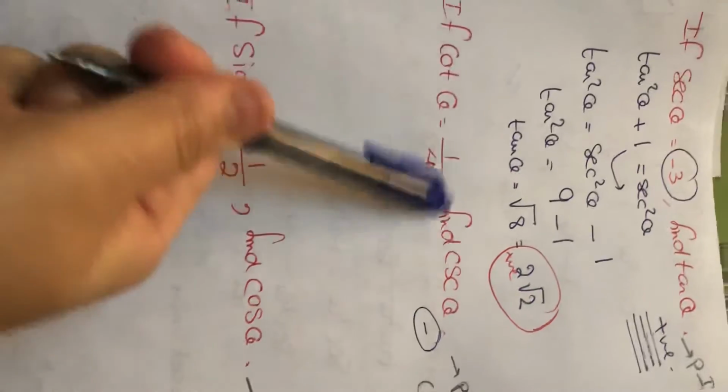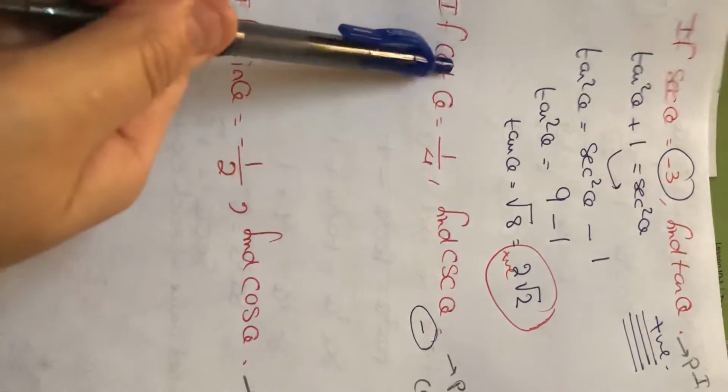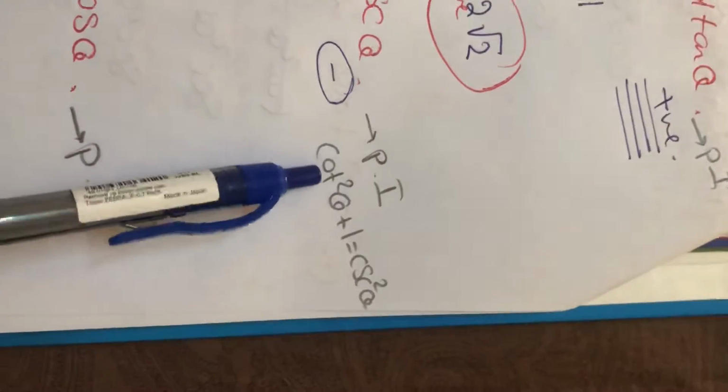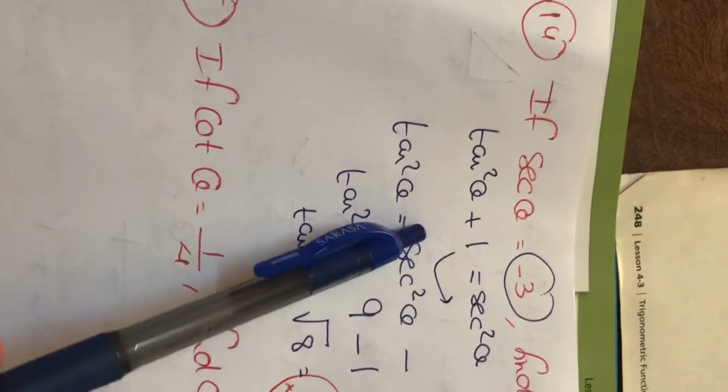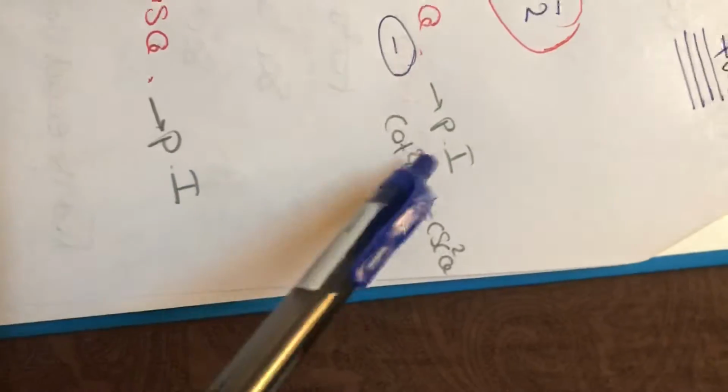There is one lovely Pythagorean identity connecting cotan and cosec: cotan squared plus 1 equals cosec squared. Remember, this one starts with tan squared plus 1 equals sec squared, and this one starts with cotan squared plus 1 equals cosec squared.